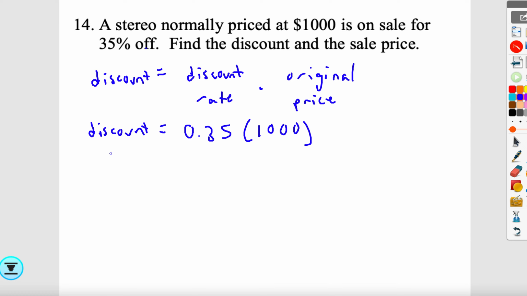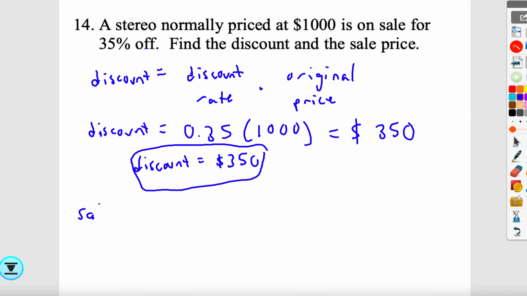When we multiply those two, we get 350. So that is the amount of discount we're getting. So that's the first answer, right? The discount is equal to 350.